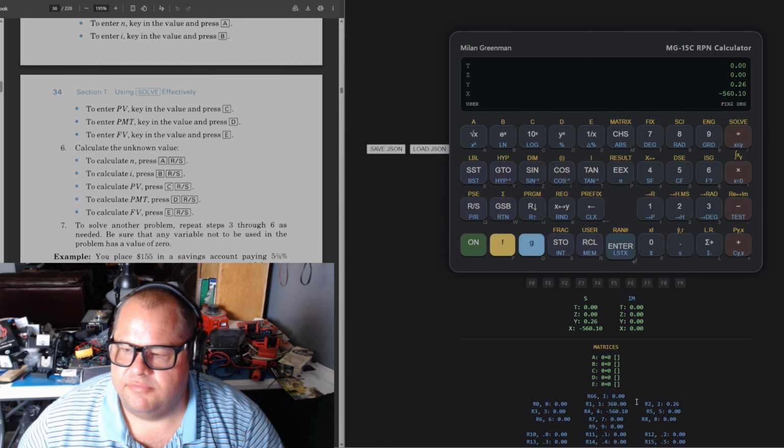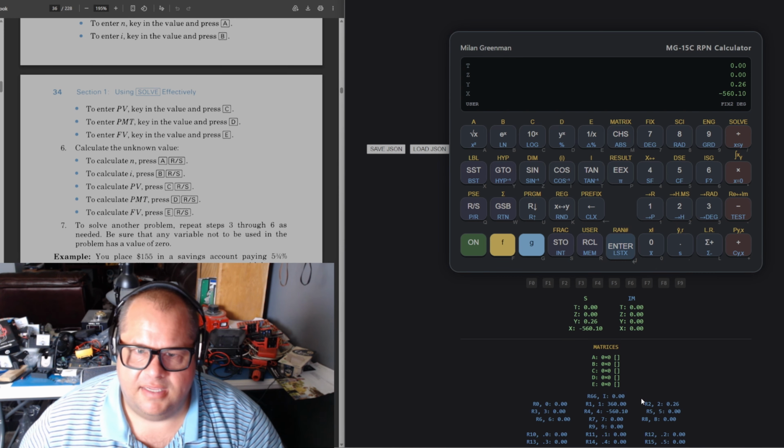Notice down in our memory registers, our total number of terms is in R1. The interest rate is in R2. Our payment is in R4. It's negative because it's coming out of our pocket or away from me.